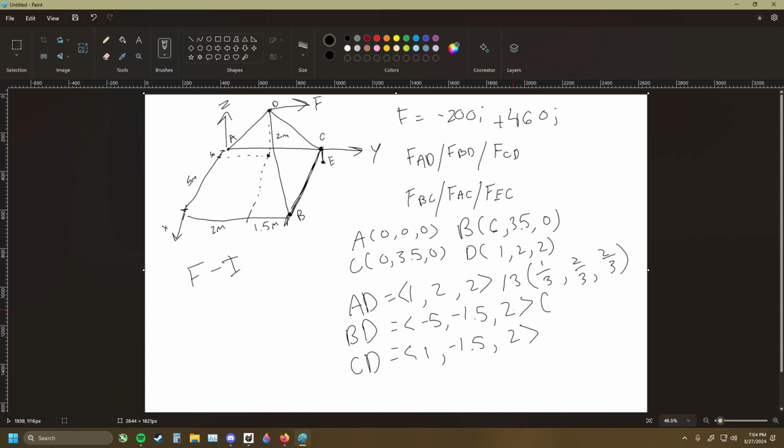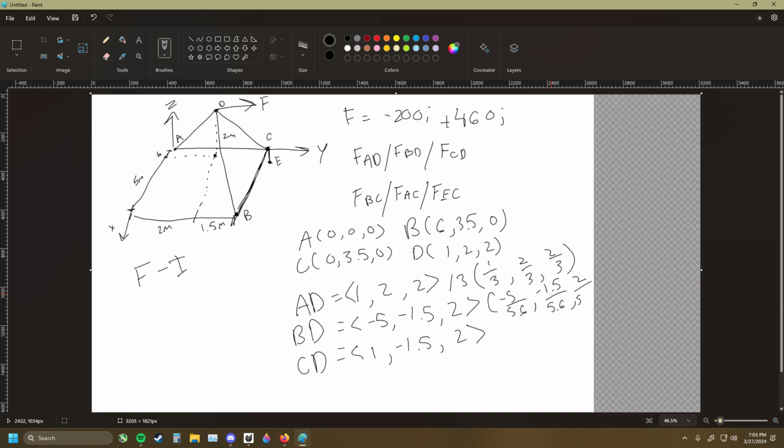And this one is a little bit more complicated, but I believe the magnitude comes out to roughly 5.6. It's probably best to just put the exact square root, but that's about what it is. So you get negative 5 over 5.6, comma, negative 1.5 over 5.6, and 2 over 5.6. Sorry, ran out of room.